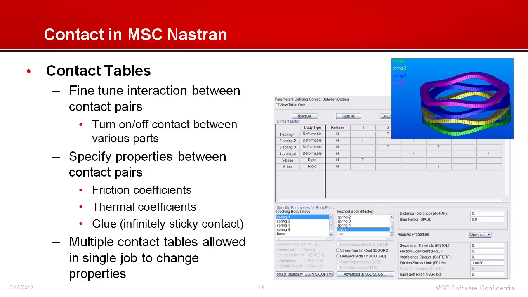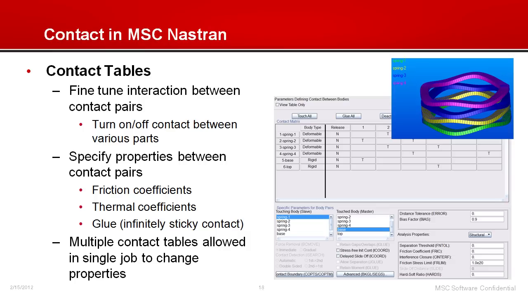So I can have different friction going between these 2 contact bodies, and between these 2 contact bodies another friction coefficient, and so on. Okay. The options that we have in a contact table are T for touching, and then as you click on each of these fields, you can toggle between T for touching, G for glued, and blank for no interaction.